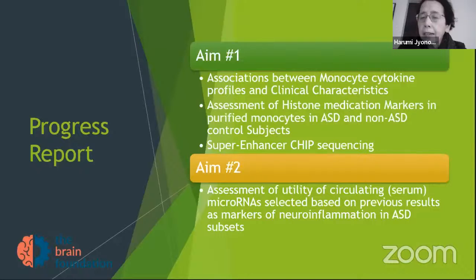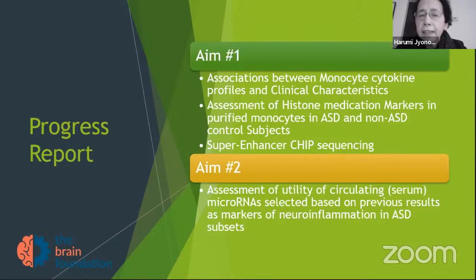Also, in prolonged cases it has been shown that histone modification markers are changed, and this is for the ASD. That's part of the reason we check the monocyte cytokine profile first, and how it is associated with clinical features, and then whether there are associations with monocyte histone modification markers.